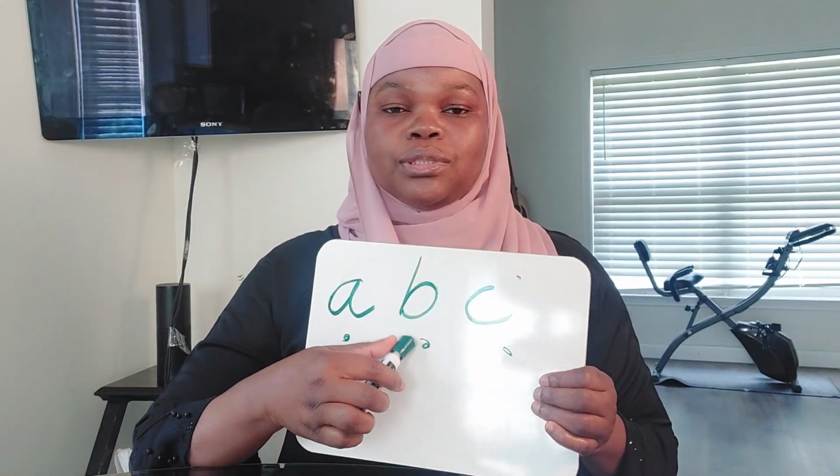What sound do you hear at the beginning of basket, ball, and any object that begins with the letter B that you're presenting to the child? The child will tell you, okay, bag, b. That is how you teach the individual sound. So they tend to connect those letters to the sounds that you're teaching them and to real life situations.